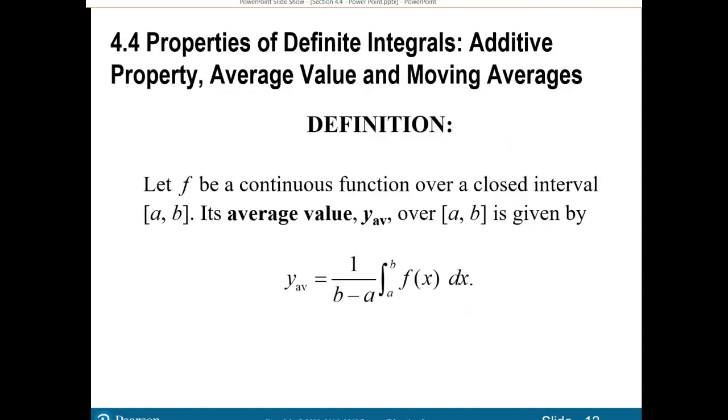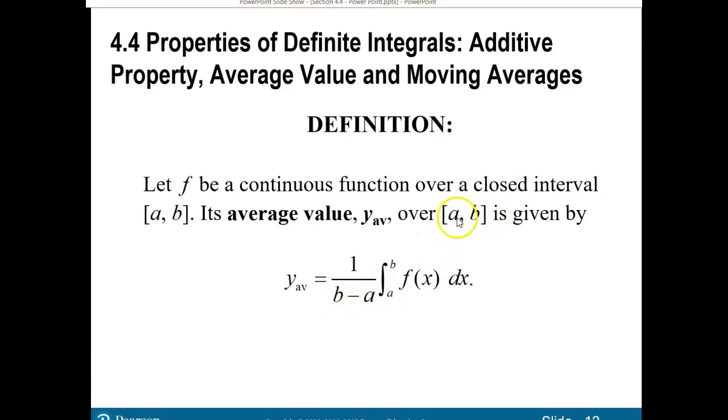All right. Definition of average value. Let f be a continuous function over a closed interval. When you're needing to calculate the average value, denoted y subscript av, so the average value of y over the interval from a to b, you find your definite integral, which we've been doing a lot of in the last few sections, but you're going to multiply that by 1 over b minus a.